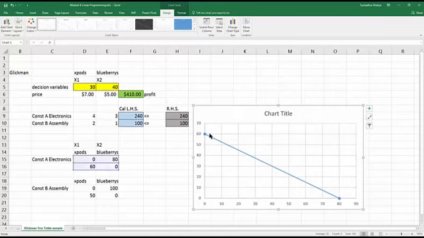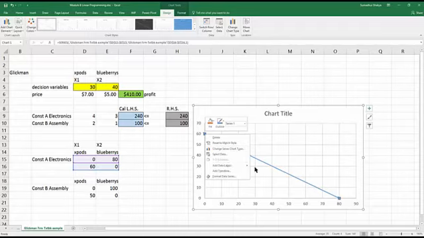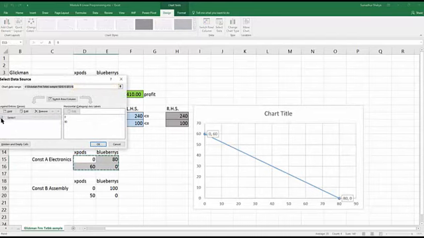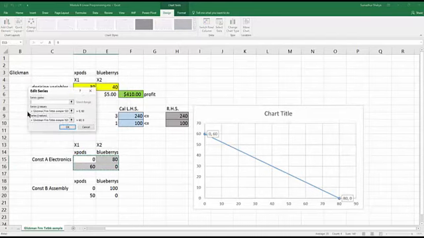Let's click on an empty area, then left click on one, right click, and then add data labels. Let me use the callouts. As of now it is representing this as 0, 60 and 80, but that's not what we want. However, let's select the data series. This is the name of the series.